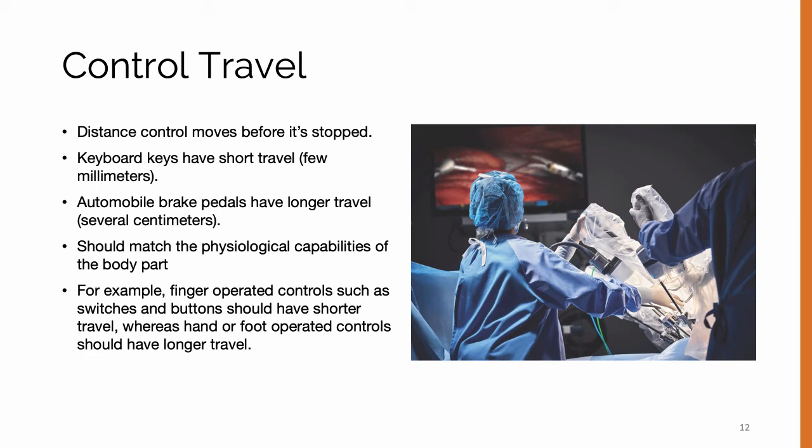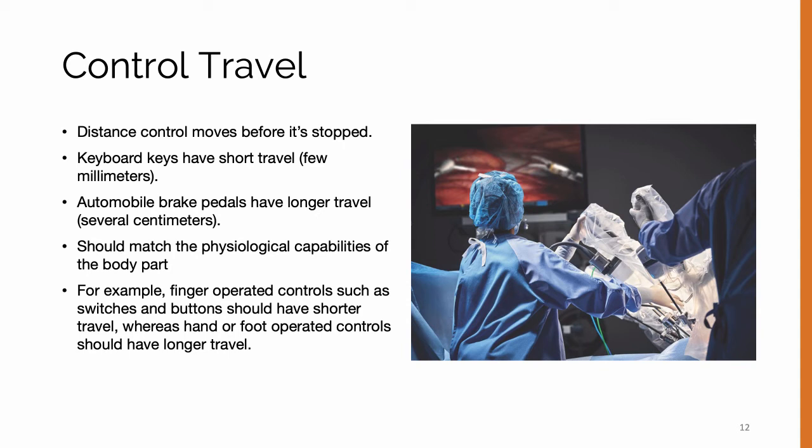So for example, on the right hand side you can just see a Da Vinci robot, a surgical robot. For something like that, where you're trying to do something that's really fine motor control, you may not want to, well, actually in that case you might want to have lots of travel before a particular action is made.